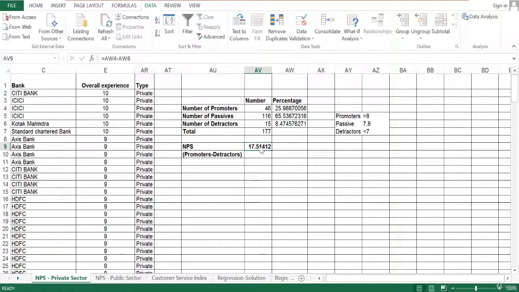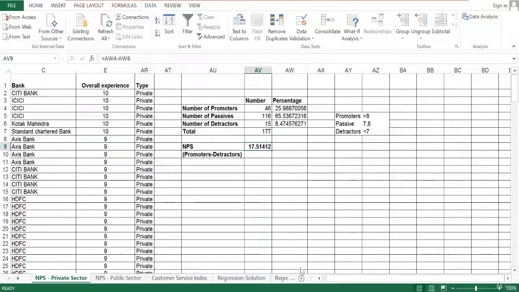We get a positive net promoter score for the private sector banks, which is generally the case, since private sector banks provide a whole range of services to their end customers and win over the public sector banks on customer service.